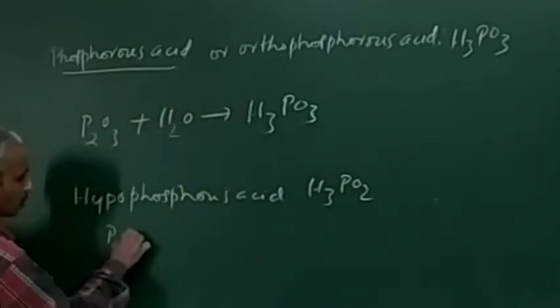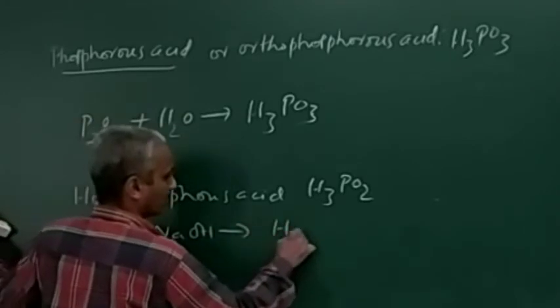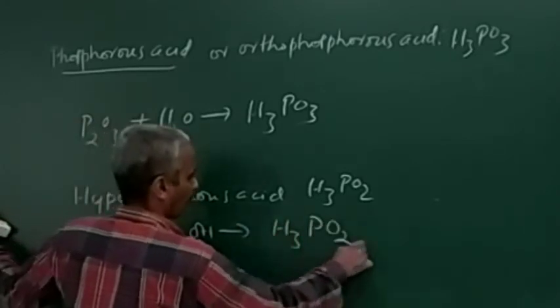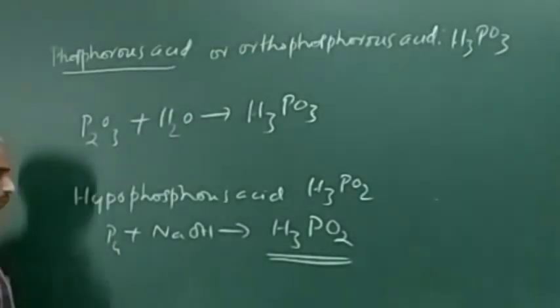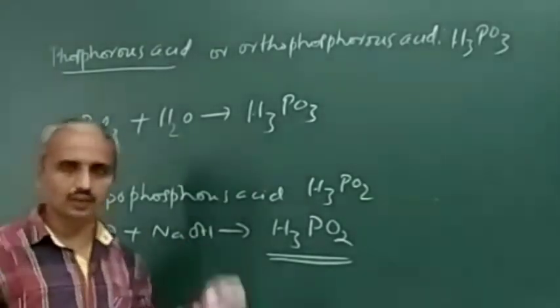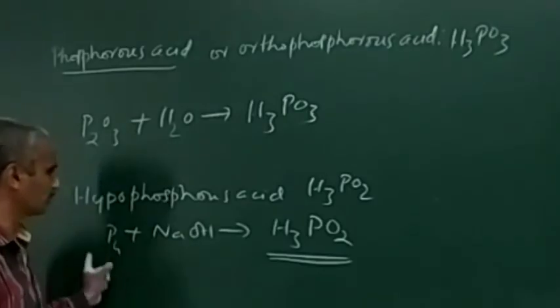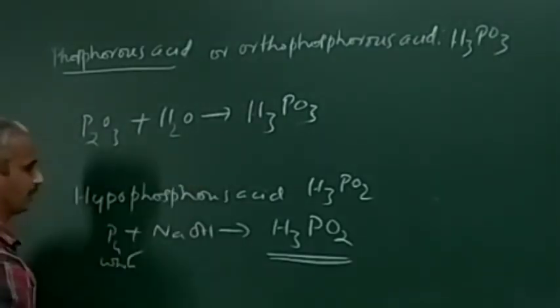White phosphorus you treat with alkali, sodium hydroxide. You are going to get H3PO2. The equation is not balanced. You have to write the balanced equations. It's not complete also. I don't want the complete reaction, just how we are getting it from white phosphorus with sodium hydroxide.